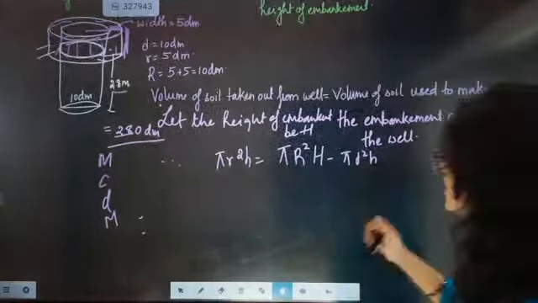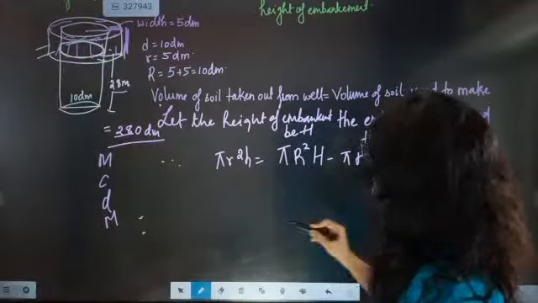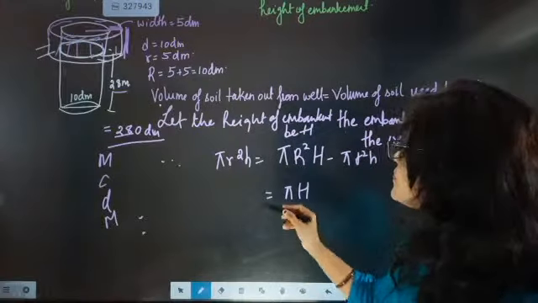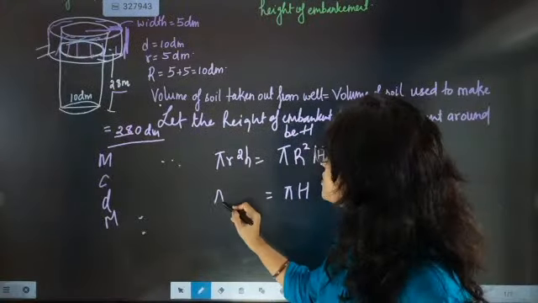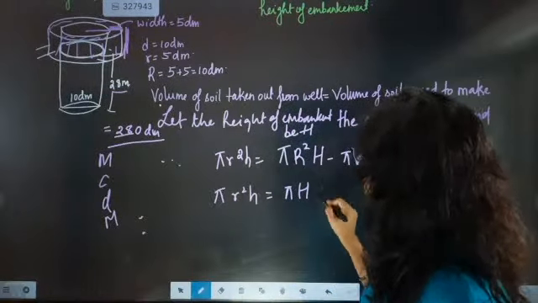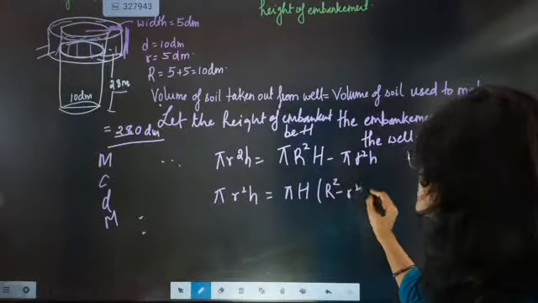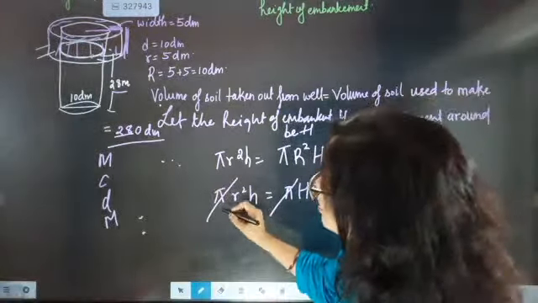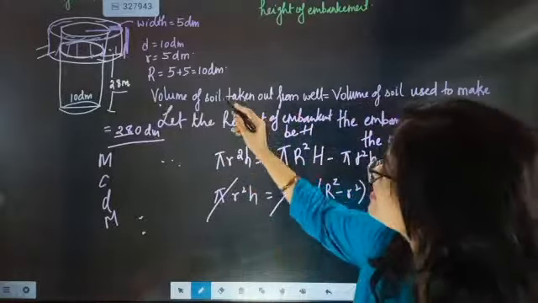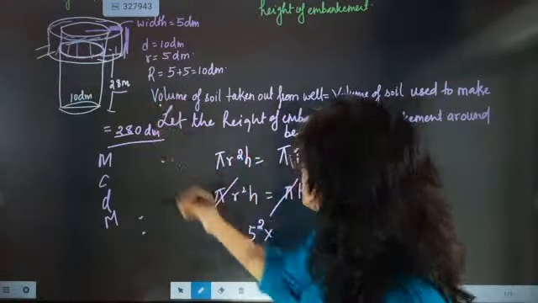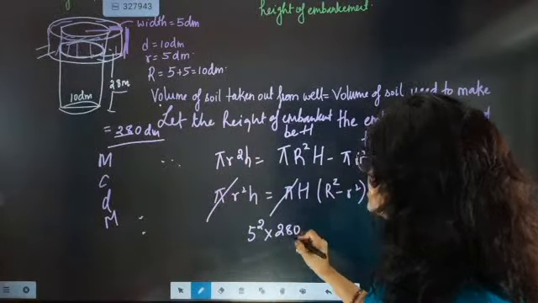How are you? So now it is exactly going to come as 2 pi r square h. So pi you take common, h you take common, and here pi will be coming out. Now r square is there and h is there. So this will become R square minus r square, and this pi and this pi will get cancelled. Small r means radius is exactly 5, so 5 square, and height for this one is coming as 280 decimeter.